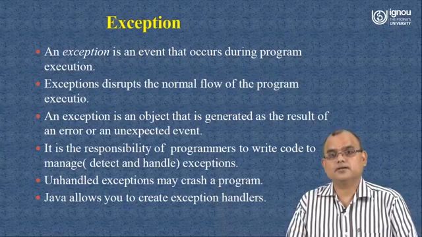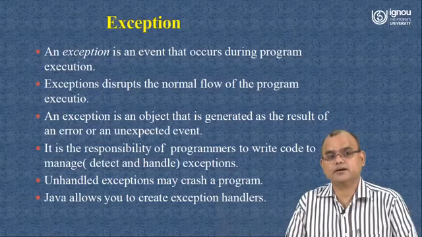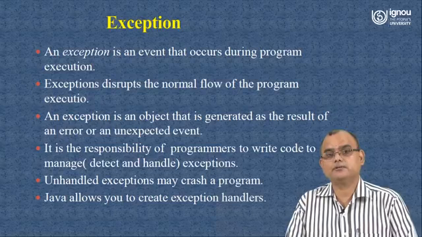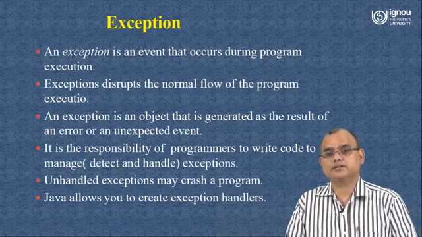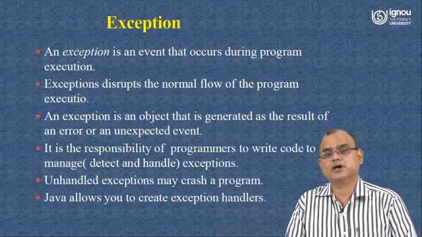To answer that question, it is essential for us to understand that it is not in our hand as a programmer to handle all the unexpected events or something which is happening and is not in our control, so that we cannot do. But something which is expected to happen or something which is a kind of logical problem in the programming, all those things we can handle, and on the basis of that we can make a smooth program.